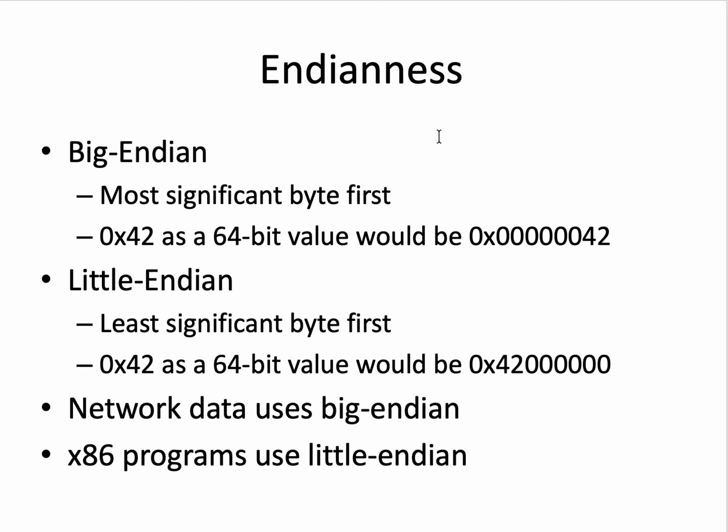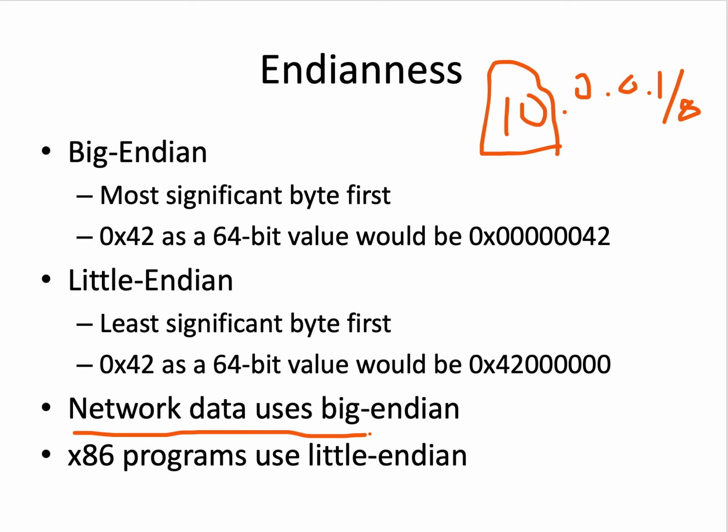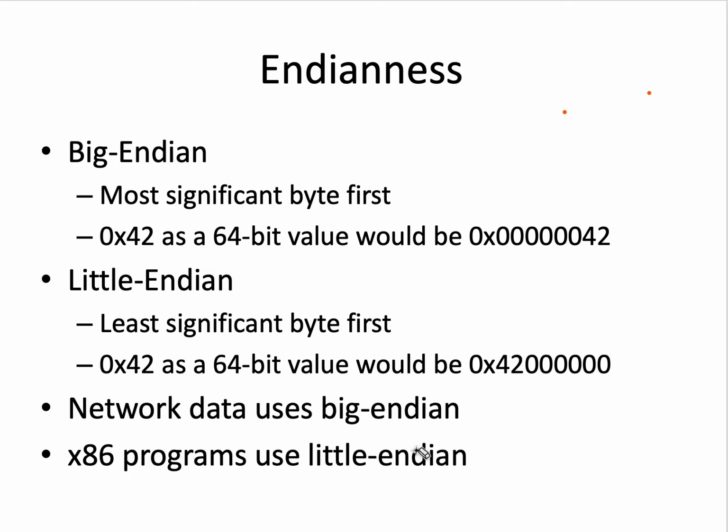What I'm saying is that we recognize that, for example, the IP address of 10.0.0, let's say .1, we know it's a Class A. Why do we know it's a Class A? It's because of the first octet. So the first octet determines the default subnet mask of the IP address, and that is because network data, like IP addresses, are big endian, which means the most significant value is first. Okay, that is the big deal regarding that.